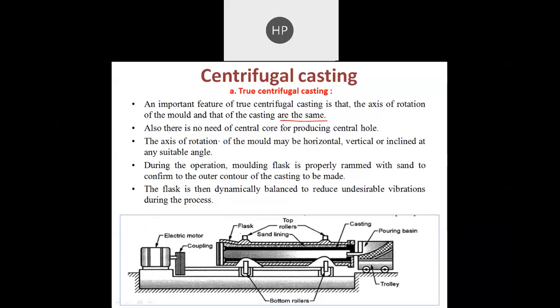Generally it is a flask, as you can see. The inner layer or inner portion will be our casted area, where we are going to do the casting process. Now this cylinder or flask is continuously rotated at very high speed by using these rollers.